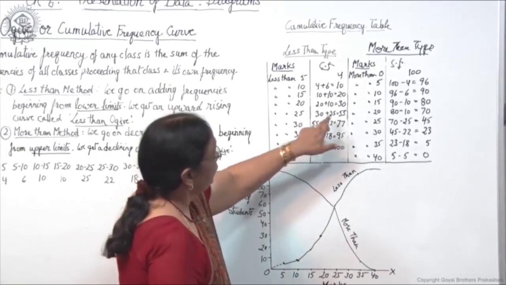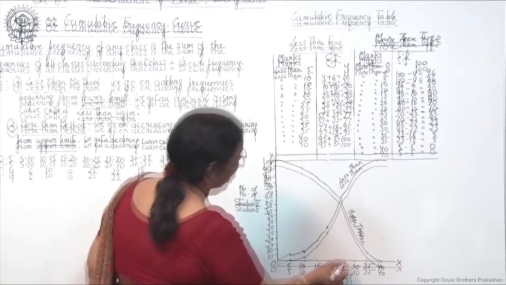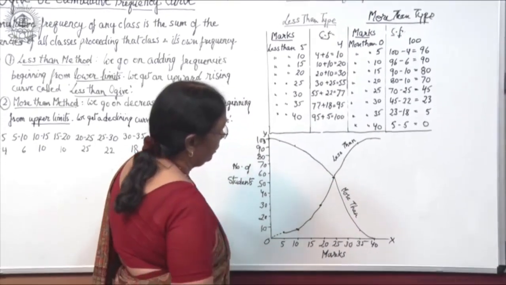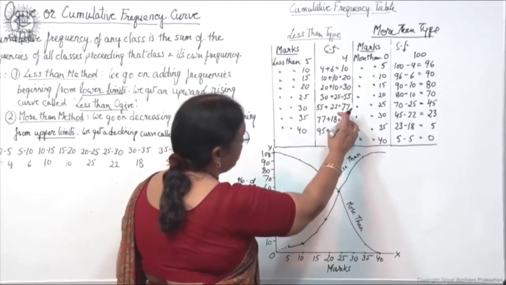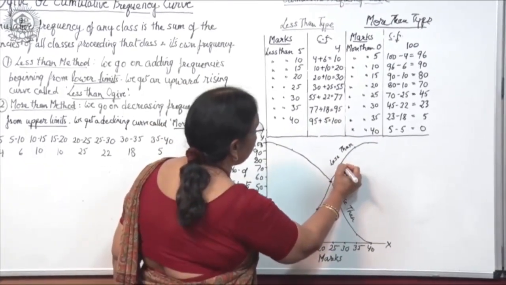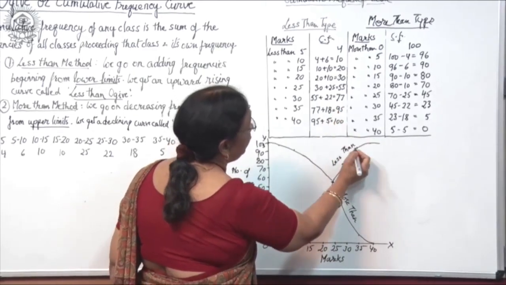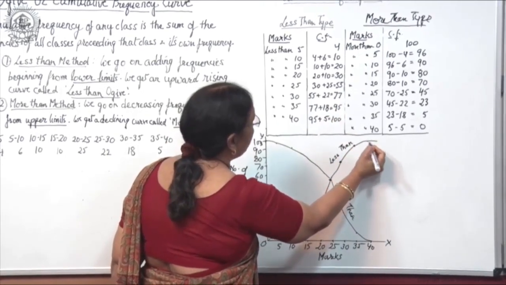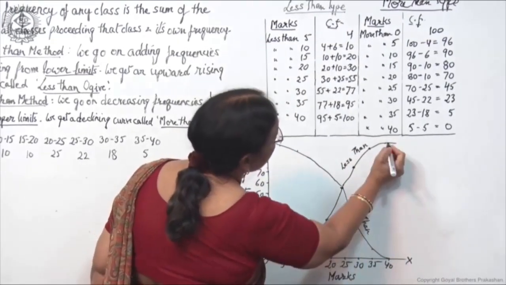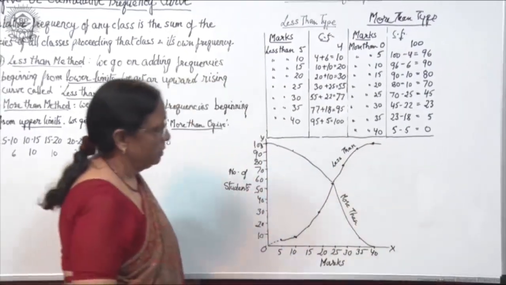Then less than 25 there are 55, 25 here and 55 here, right. Then 77 for the next one, then 95, and then the last one is 100. This is 40 and this is 100, right.